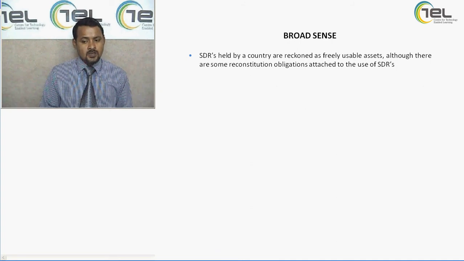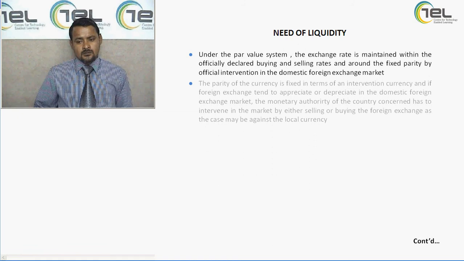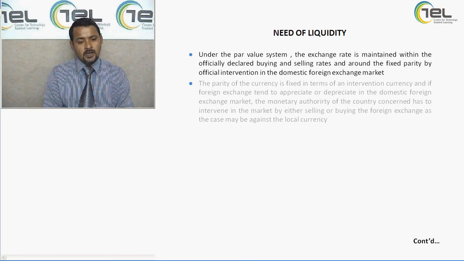But what is the need of liquidity? Liquidity is required on the part of individuals, and in the same way, liquidity is required to be kept by countries. Countries import commodities from outside and export commodities to the outside world. The exports bring currencies, they supply currencies to the economy.